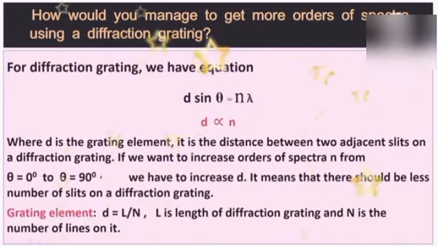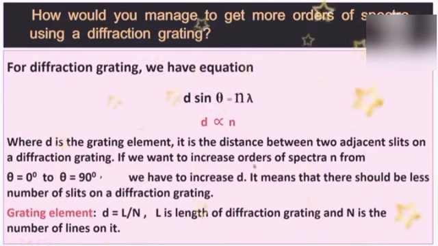How would you manage to get more orders of spectra using a diffraction grating? For a diffraction grating, we have the equation d sin theta = n lambda, which implies that d is directly proportional to n. Where d is the grating element, the distance between two adjacent slits on a diffraction grating.